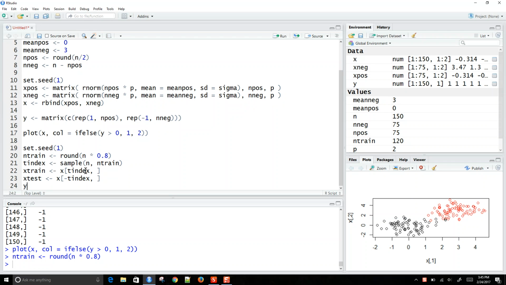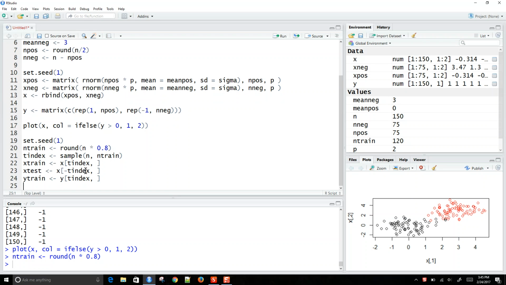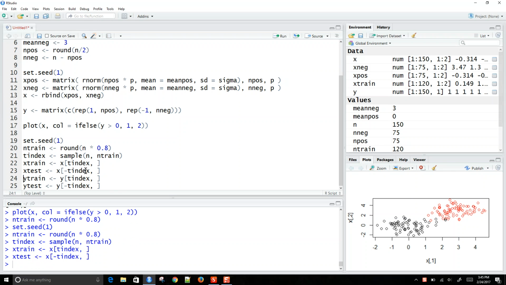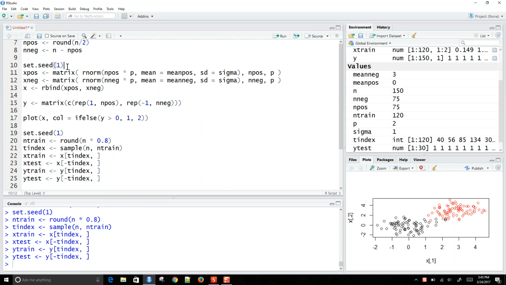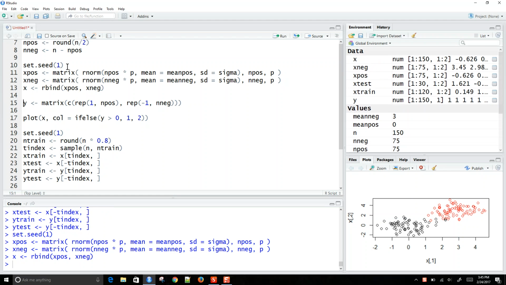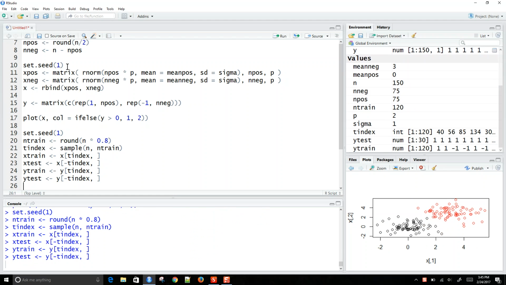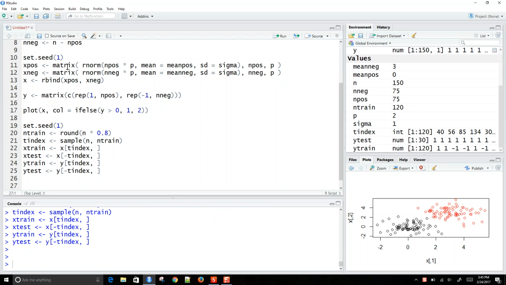And then we'll do y train, the y with the indices of the ones we've pulled, and then y test will be the ones where we did not. Okay. So far, everything okay?